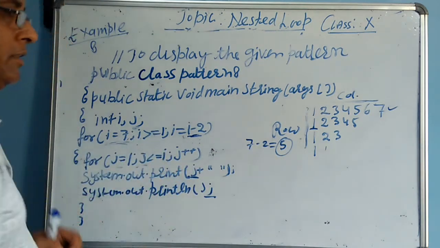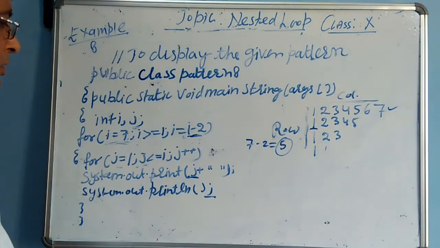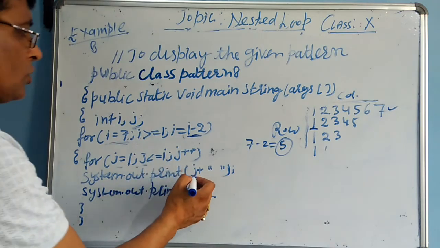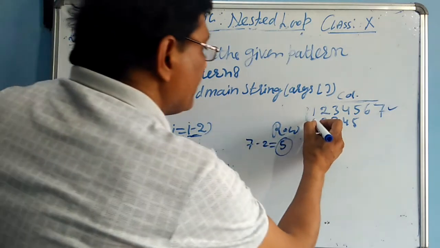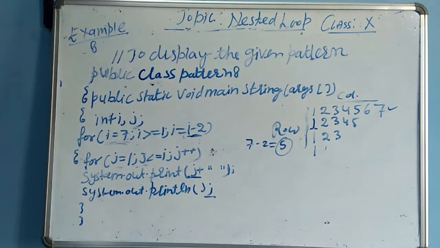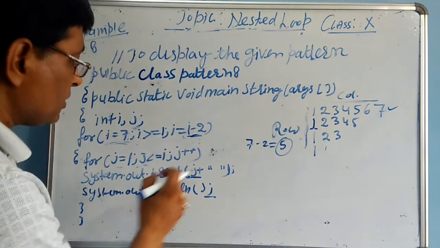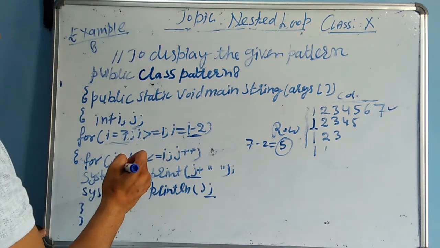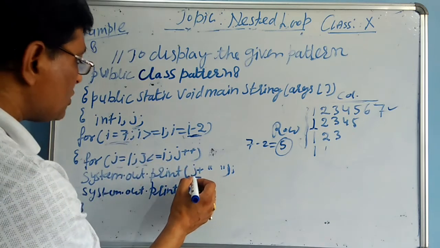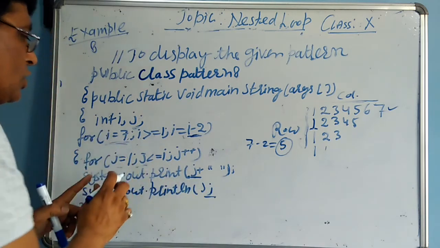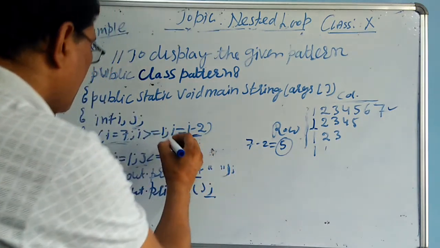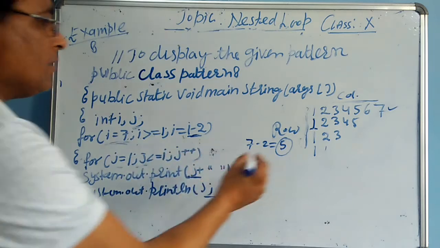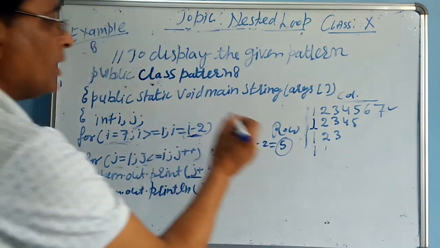The condition is satisfied, so it will print the value of j. In the first iteration j is 1. In the second iteration the value of j will increase, so the next digit will be 2.